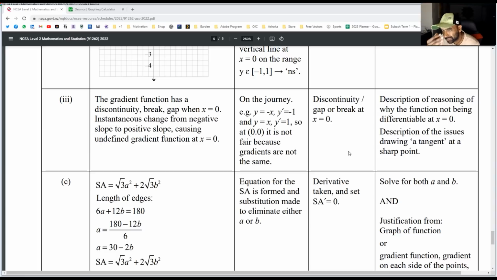So it's a really awkward question, because personally I hate these explanation questions. Give me a complex calculus question and I'm happy to do it, but don't give me these reasoning questions, that's just me personally.